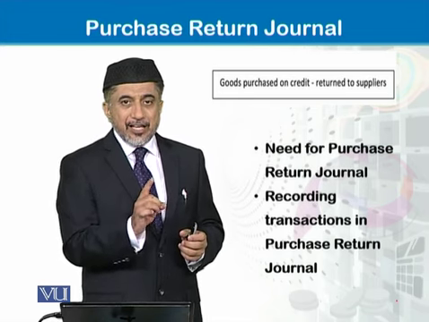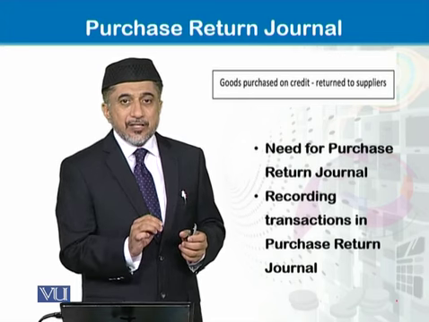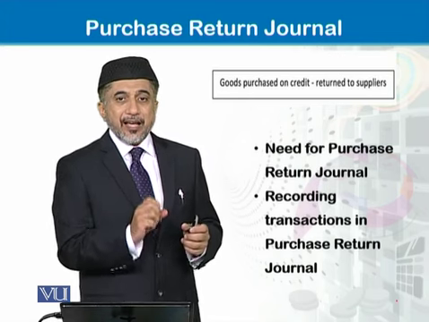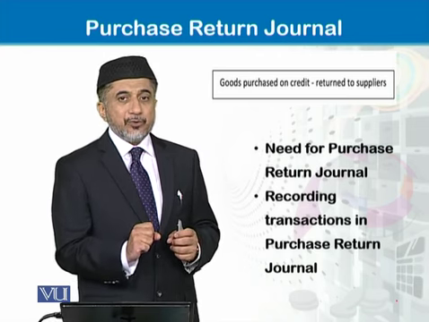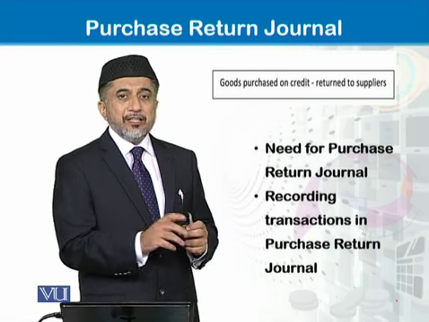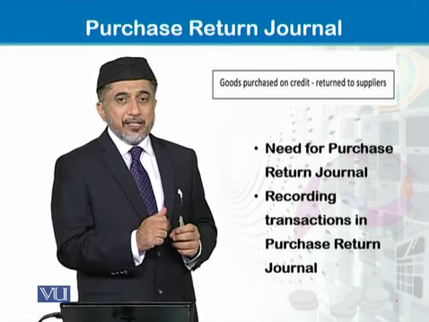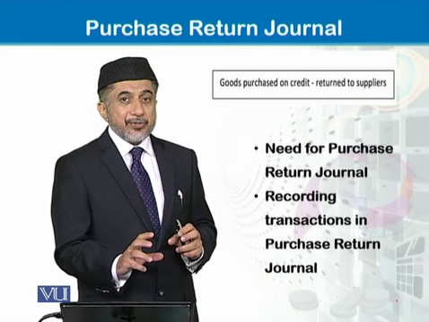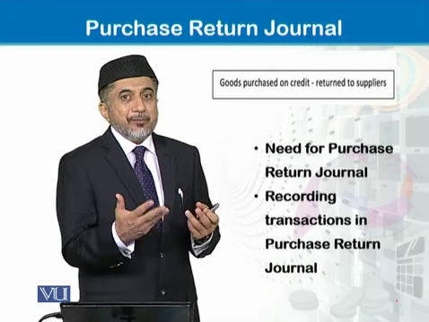Remember, against purchases, you have already given credit to the supplier. And the supplier as a creditor is your liability in your books. Now, if you have returned goods to your supplier, it means your liabilities should be reduced. When your liabilities are reduced, they should be debited.